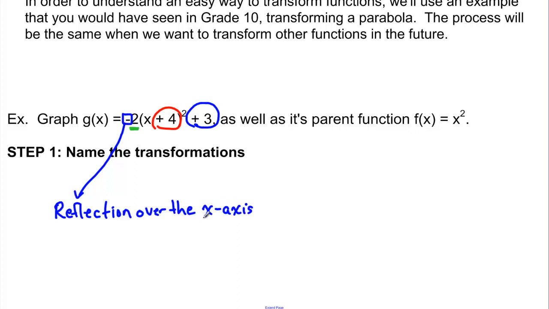It's going to be important for us to realize that it's over the x-axis, because a bit later on in the course we might have reflections over the y-axis. But reflecting over the x-axis just takes something that's right side up and flips it upside down.